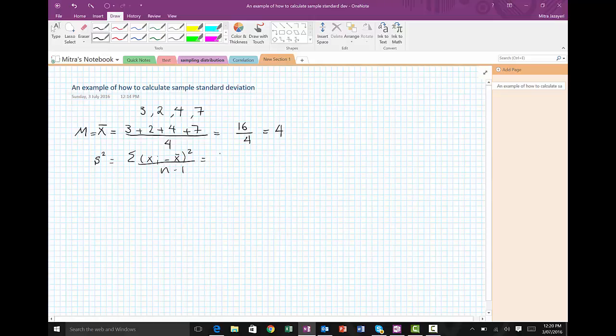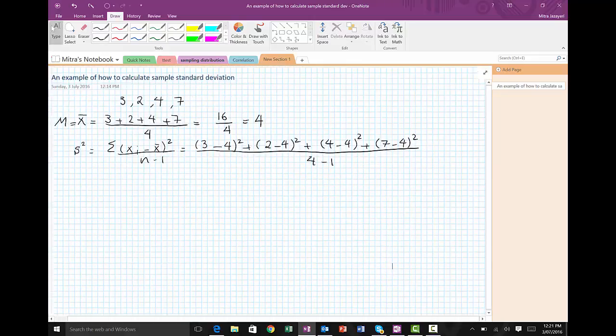It means the first score is (3 minus 4) squared plus (2 minus 4) squared plus (4 minus 4) squared plus (7 minus 4) squared, and then we divide the whole lot by 4 minus 1. All right.